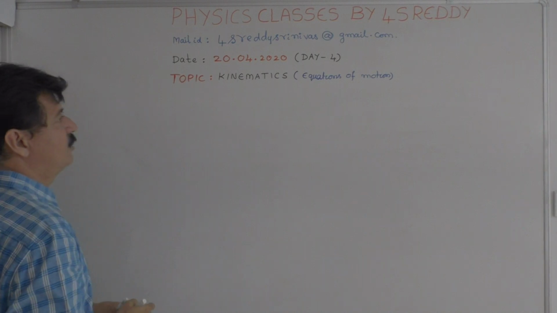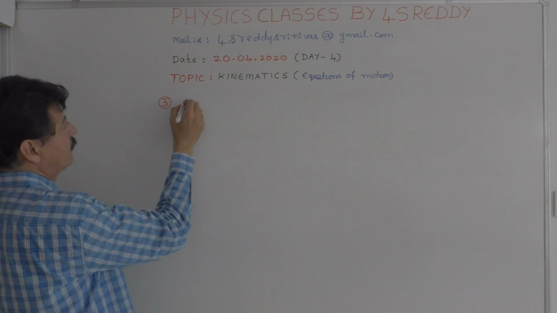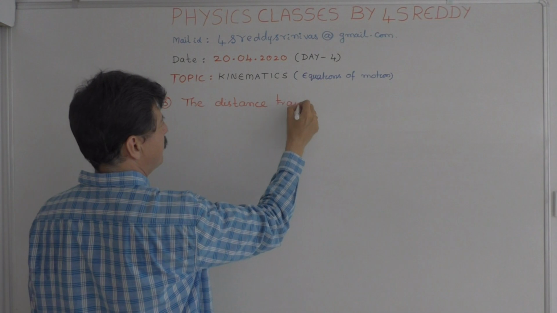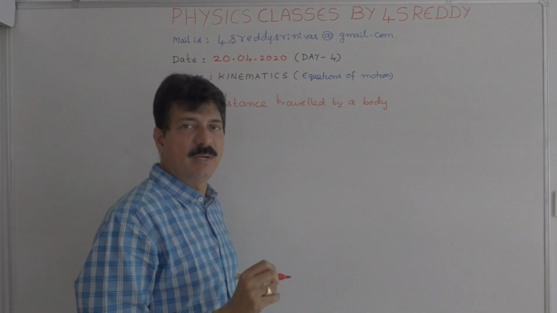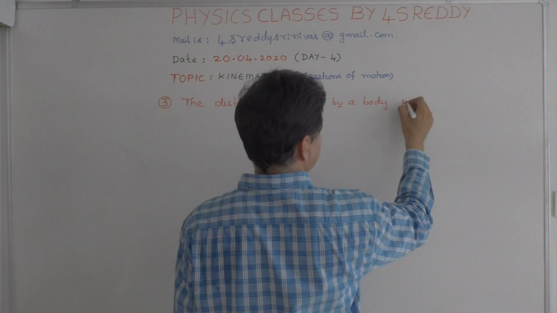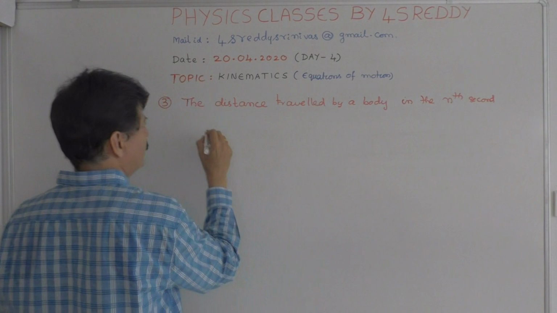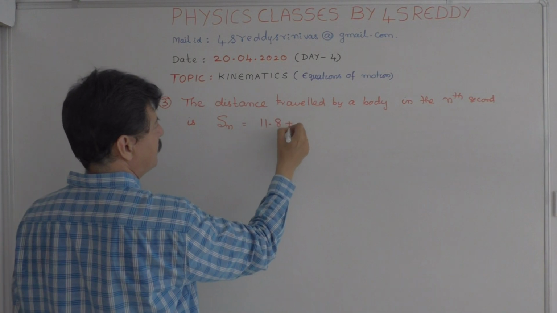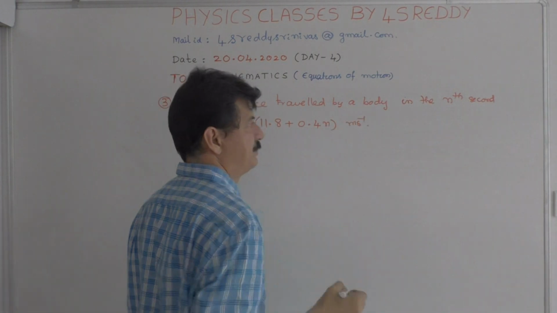And now, the third one is you will be given like this. That the distance traveled by a body in the nth second is Sn is equal to 11.8 plus 0.4n meters.